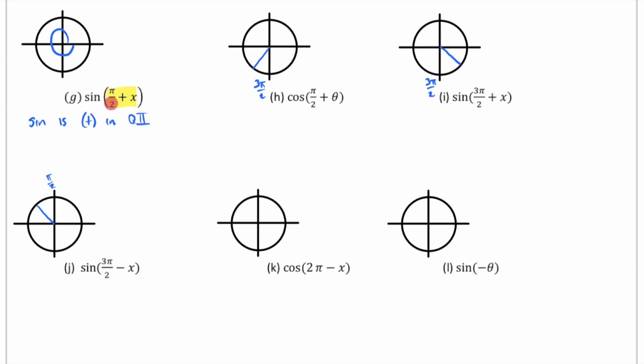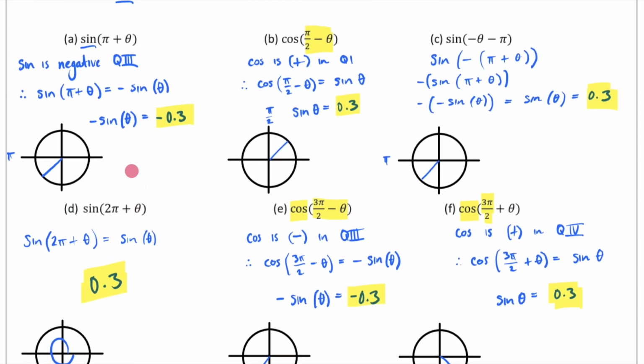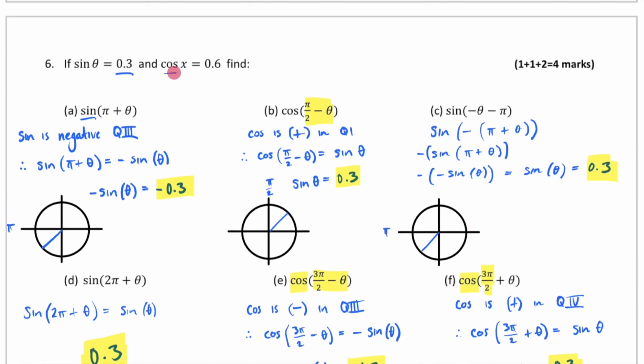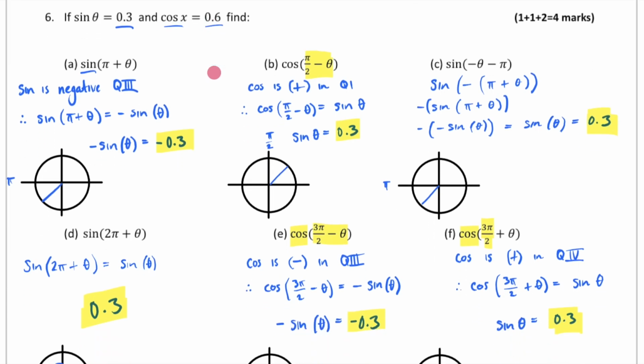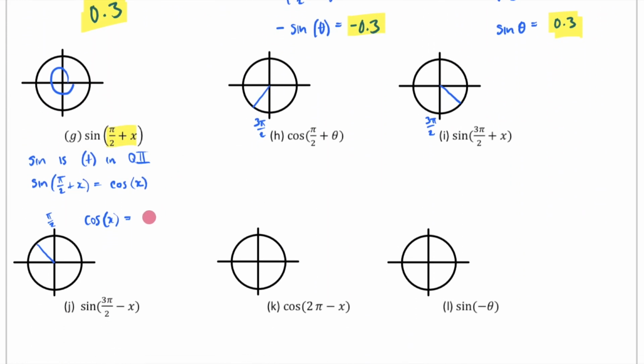Next, I know that because I have this pi over 2, this sine is going to be swapping to a cos. So sine of pi over 2 plus x is going to be the same as positive cos of x. So now we just need to figure out what cos of x is, and conveniently, we are told that information in the question. Cos of x equals 0.6. So your answer to this is going to be 0.6.